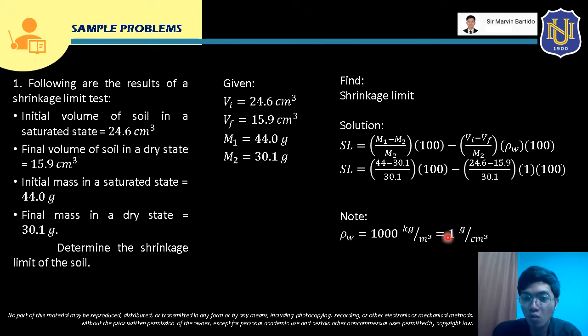So we use 1 gram per cubic centimeter for the density of water, times 1, and then 100 times 100. Solving this, the shrinkage limit is 17.28%. So this is already the answer for number 1.